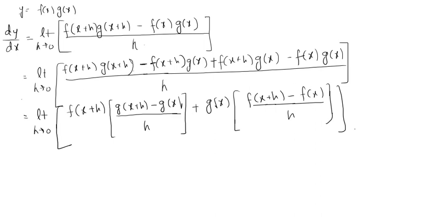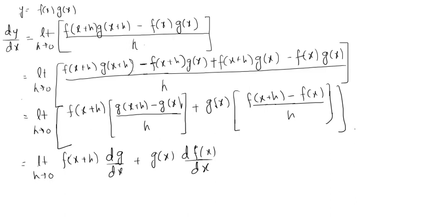So it will be limit h tending towards 0 of f(x+h) into dg by dx plus g(x) into df by dx. Now as h is tending towards 0, f(x+h) will tend towards f(x). So this can be written as f(x) into dg by dx plus g(x) into df by dx. So hence the product rule is proved.